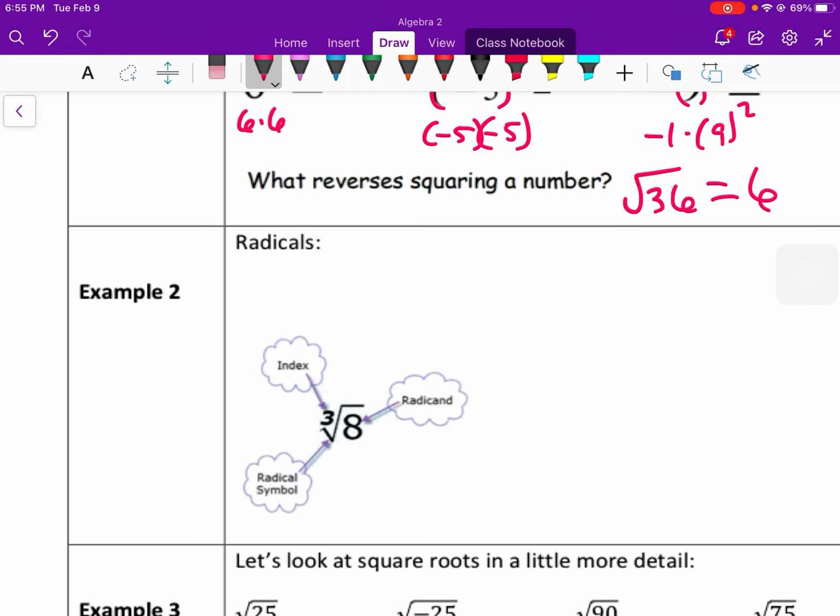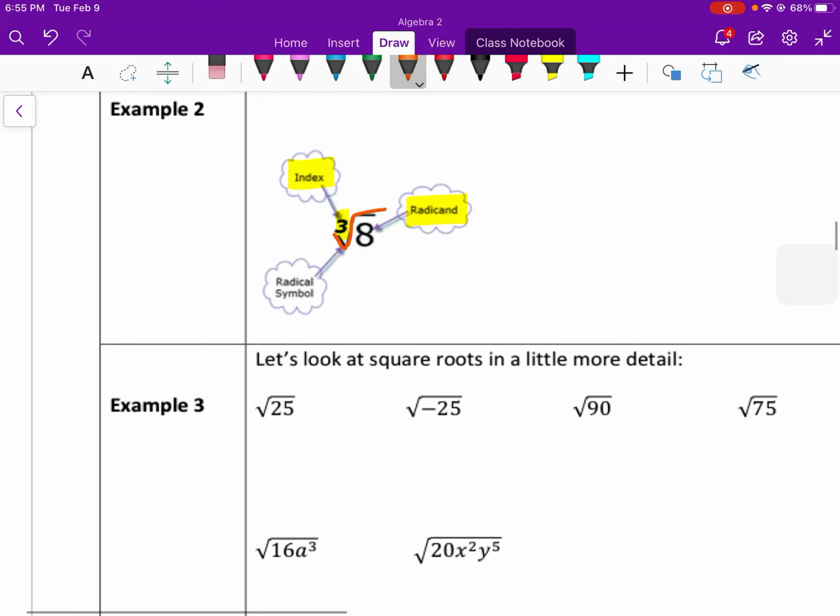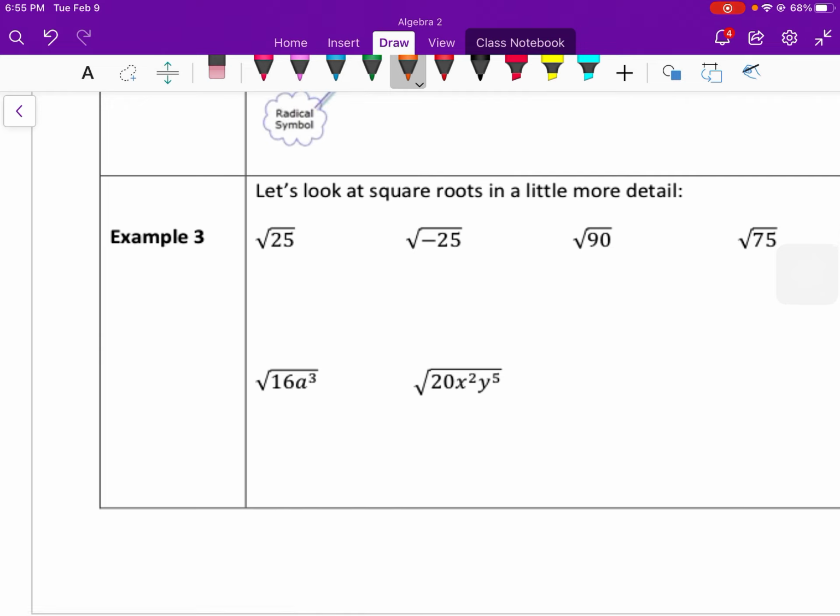So what we have here are radicals, and the index is going to be on the root here. The radicand is going to be the inside, so the 8 would be the radicand, and the radical symbol is this symbol. So let's look at square roots in a little more detail.